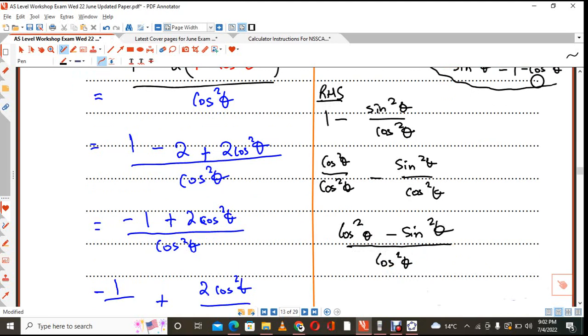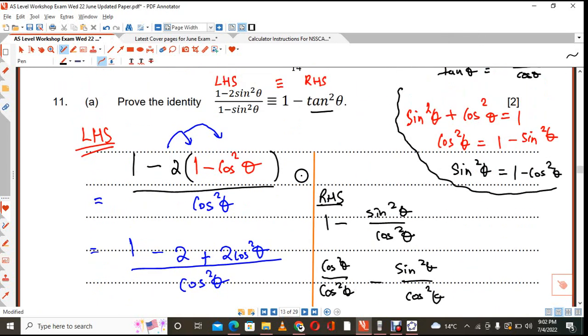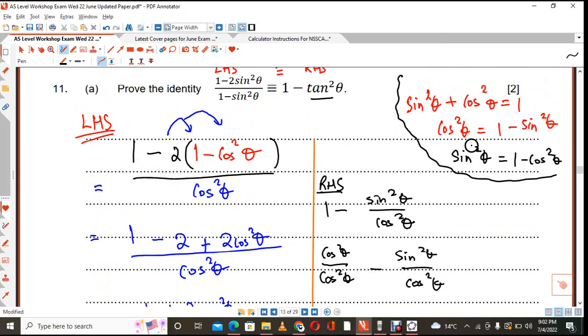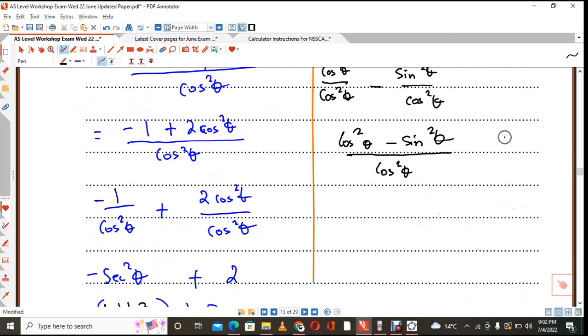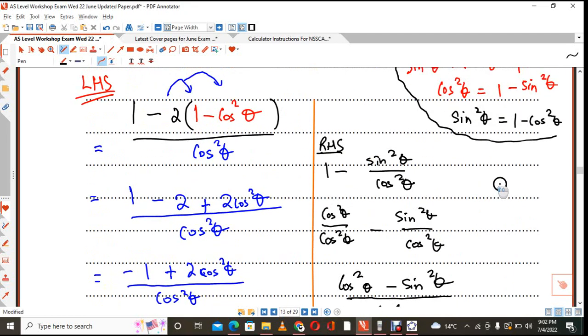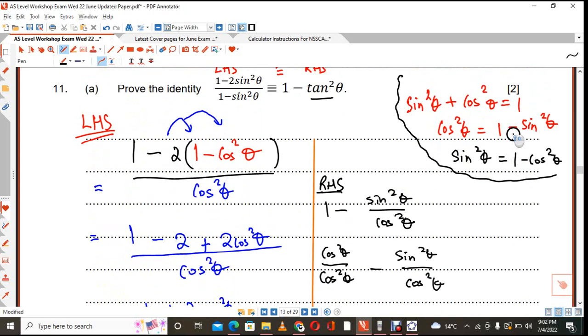Now let's focus on that numerator for a minute, because you see on the left-hand side you've got things in terms of sine. So I know that cos square theta can be written as 1 minus sin square theta. So this cos square theta on top, I'll write it as 1 minus sin square theta minus sin square theta, all over, again, this cos square theta underneath can be written as 1 minus sin square theta.